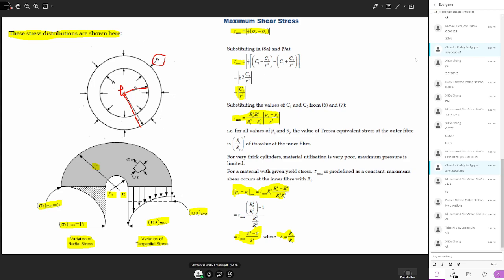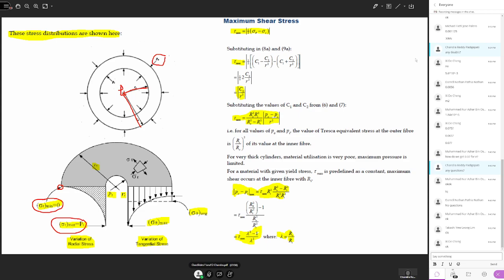Now the variation of radial stress. The radial stress at the outer end of the thick wall cylinder will always be zero. The minimum radial stress is at the outer radius of the cylinder, which is zero. The maximum radial stress is at the inner wall of the cylinder, which equals the inner pressure.